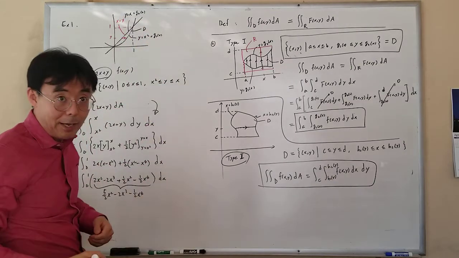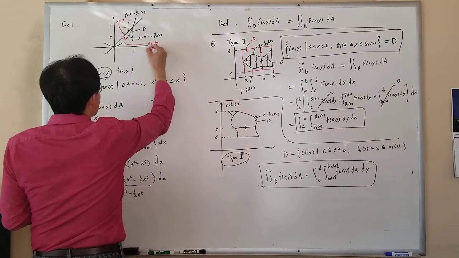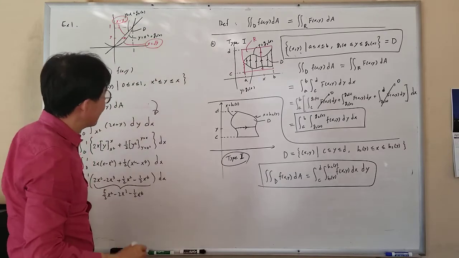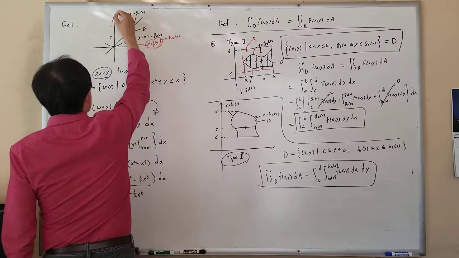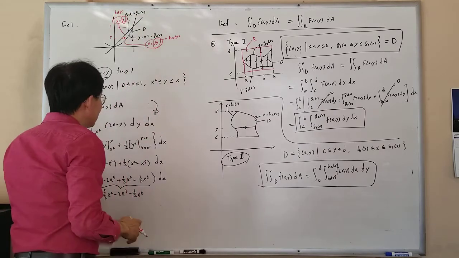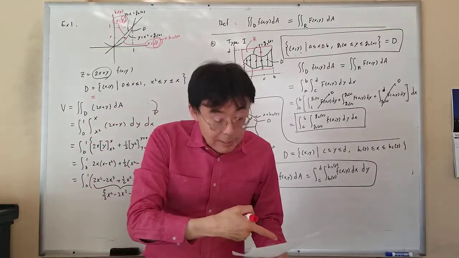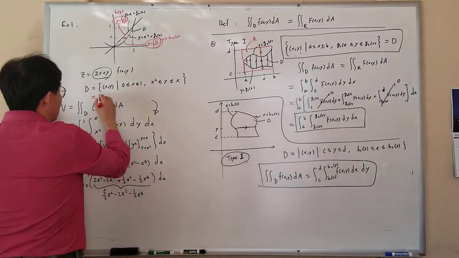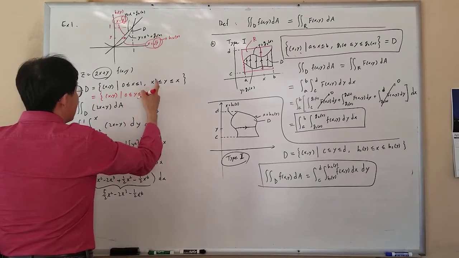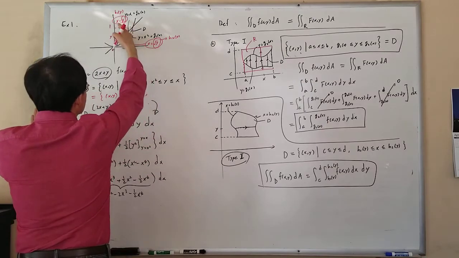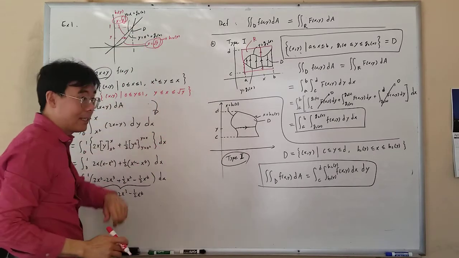We have to solve it for x: x equals the positive square root of y. So this is the so-called h2 of y, and y is h1 of y. So your domain D can be written this way, the second method. I'm just drawing a rectangle here. Y runs from 0 to 1. For given y, x runs from y to the square root of y.